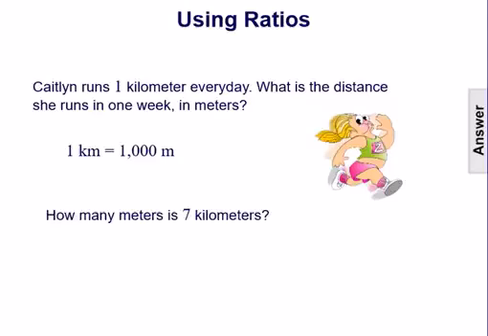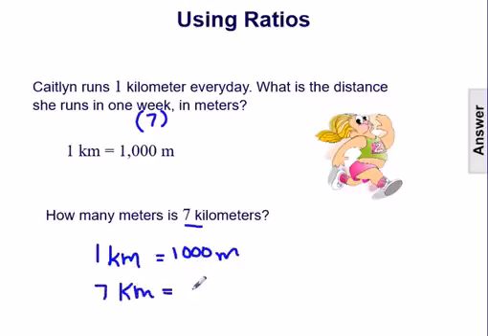So we know that 1 kilometer equals 1,000 meters. So we want to know how many meters are in 7 kilometers, because if she's running a kilometer every day, 1 week would be multiplying that by 7 to give us 7 kilometers. So our information we're given is that 1 kilometer is equal to 1,000 meters. We have that rate, but we want to know about 7 kilometers.